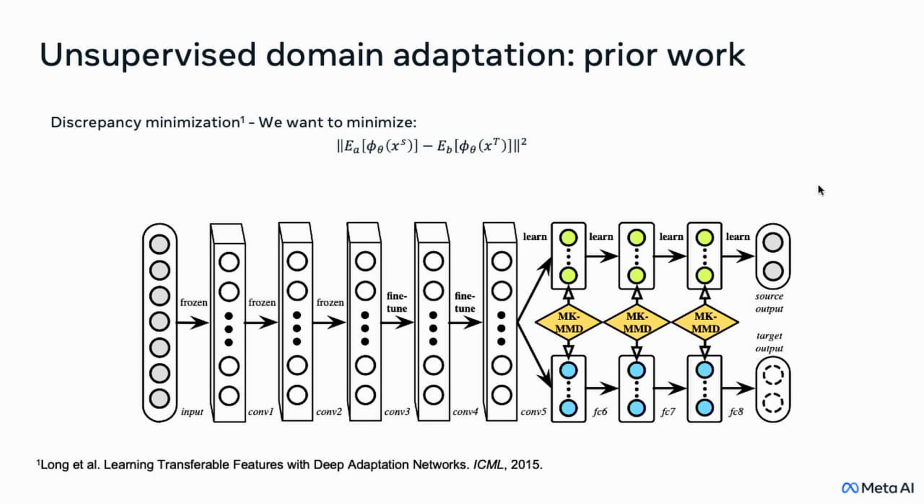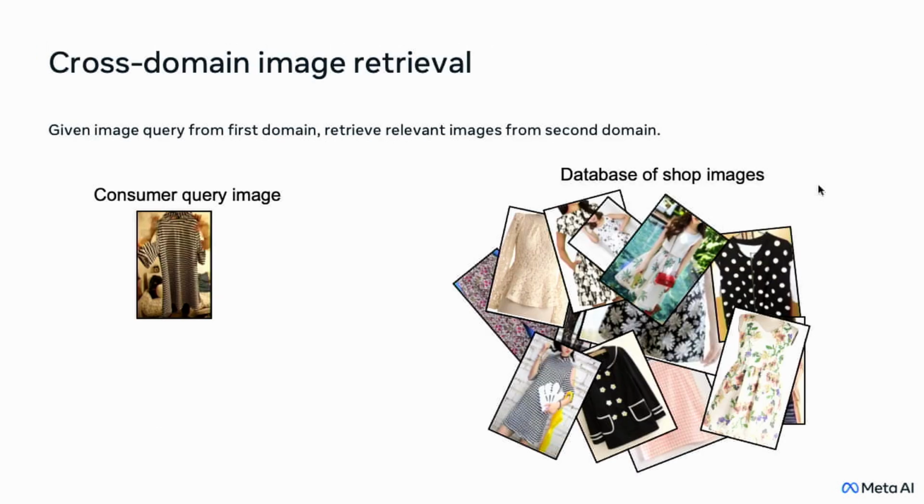Once you have these outputs at the end, the set of source outputs and target outputs, you're going to apply this loss and use it to update the model such that the average source representation is close to the average target representation. So that's a general overview of unsupervised domain adaptation.